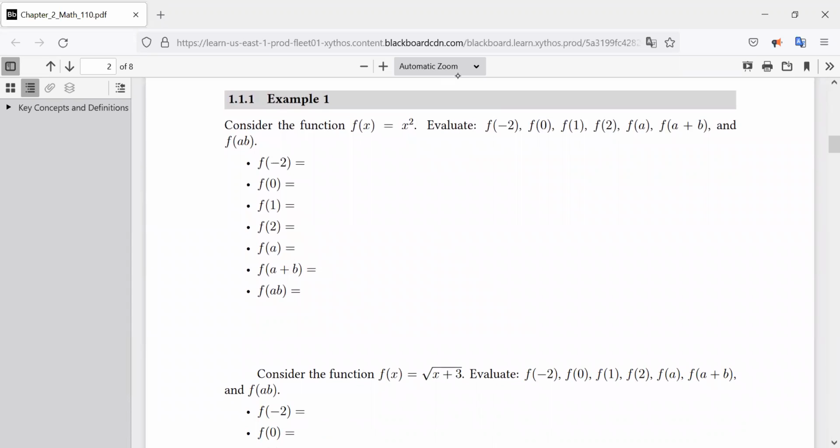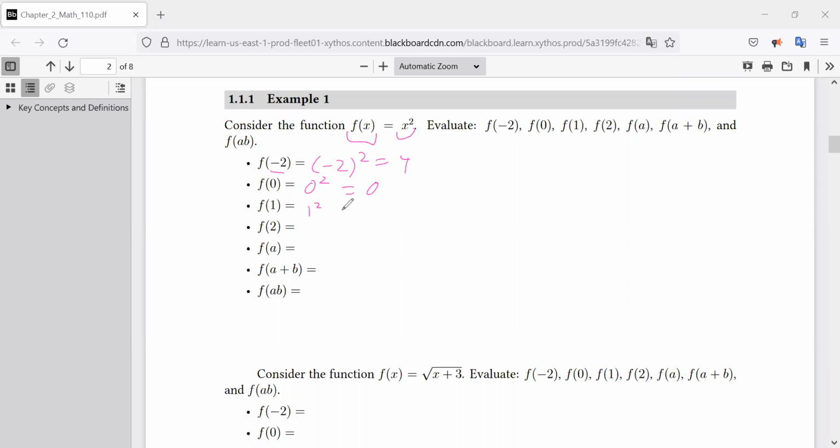That's just called plugging in. So for example, if I want to take f of x equals x squared and evaluate it at -2, then f of -2 is going to be -2 squared, which is equal to 4, right? F of 0 is going to be 0 squared, which is equal to 0.